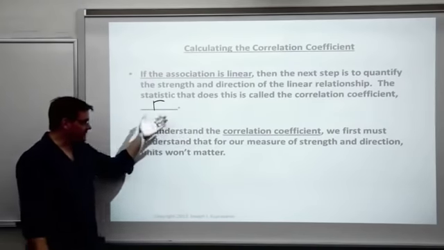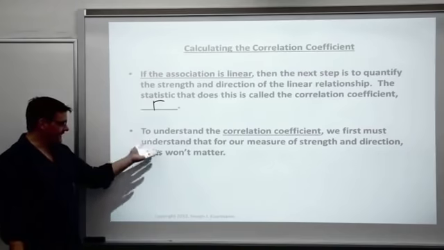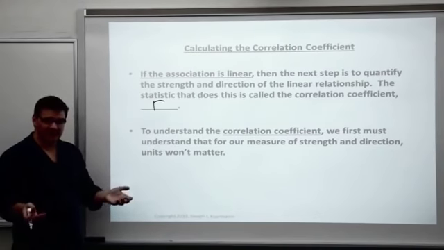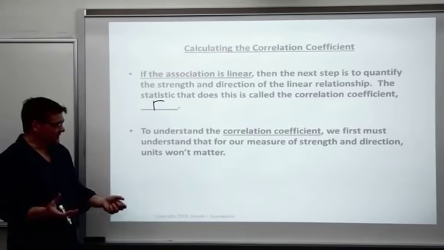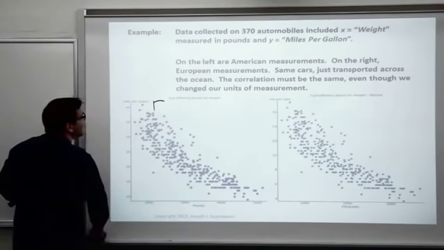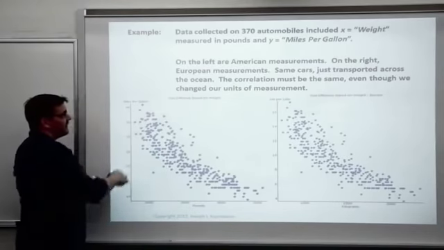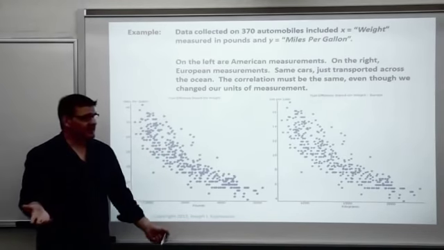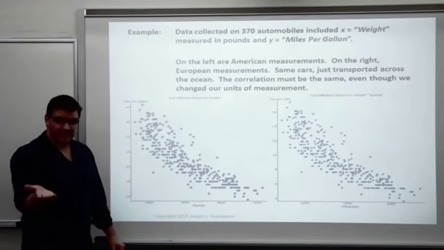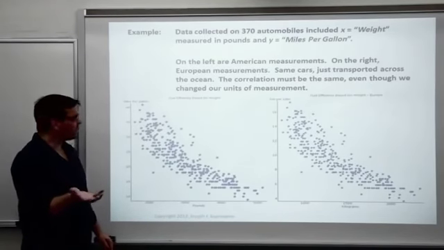And to understand this number R, what we first have to realize is that the units of measurement do not matter. So if I have some data, I'll just switch to the example here. I've got 370 automobiles and the two variables. X is going to be the weight. So how heavy is the automobile?